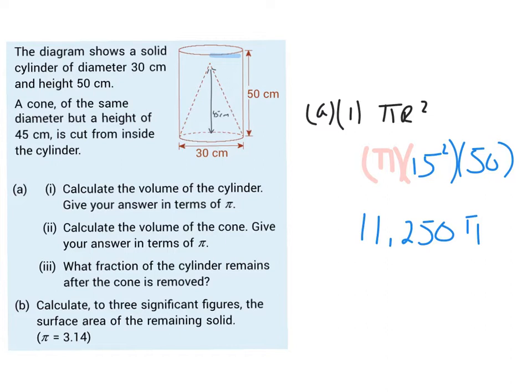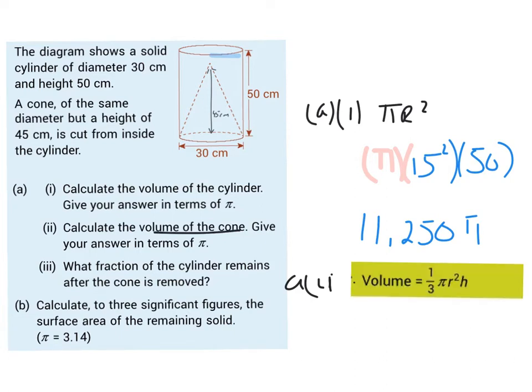The next one, part 2, says find the volume of the cone. So volume of a cone, you have a specific formula, and that is 1/3 pi r squared h. So for the cone here, I'm going to rewrite it as 1 multiplied by pi multiplied by r squared, which is 15 squared, multiplied by h, which is 45, all over 3.